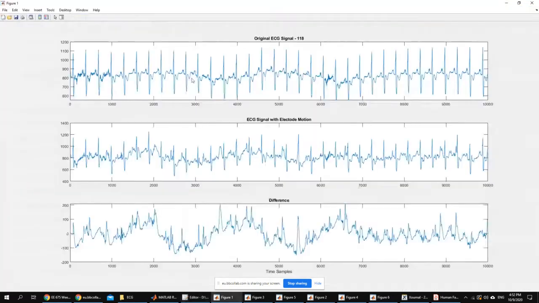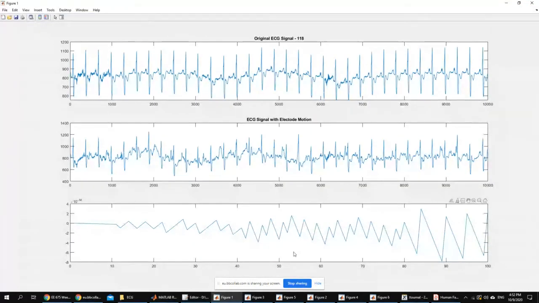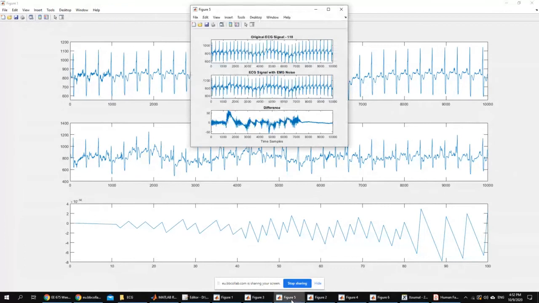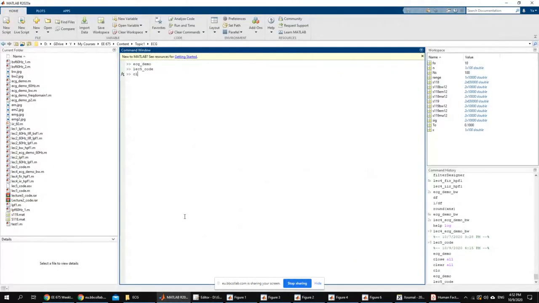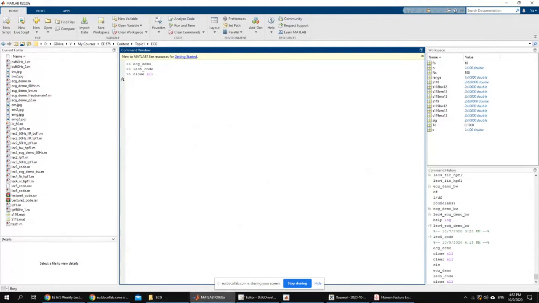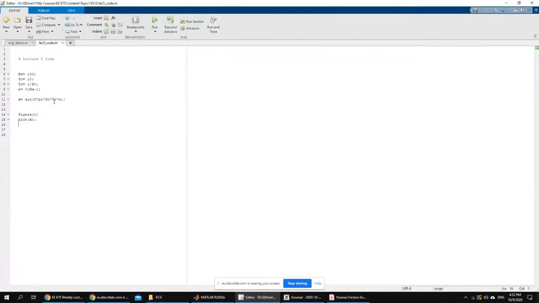There's something wrong here. Maybe it's undersampled. Let me close everything. Here we have the steps, from 0 to 100, and a frequency with twice pi.